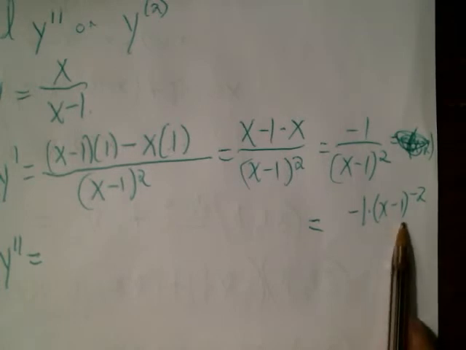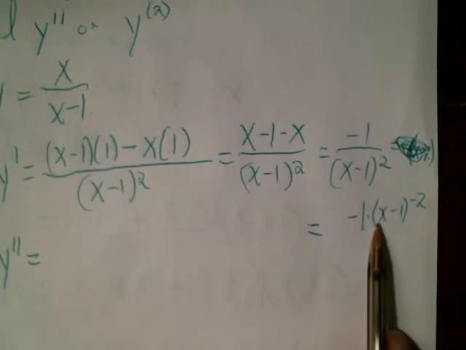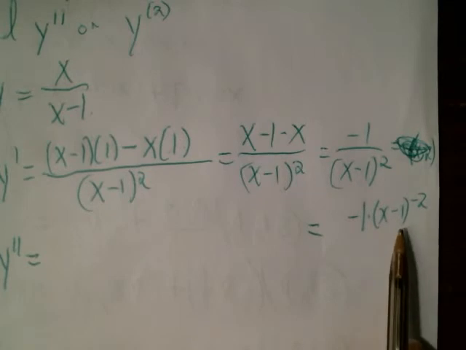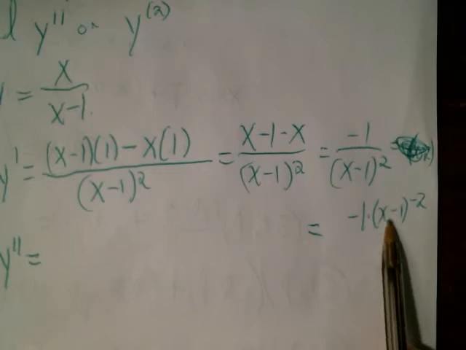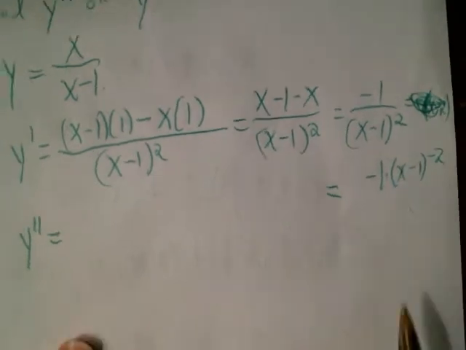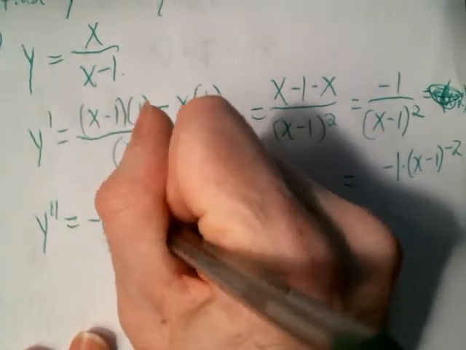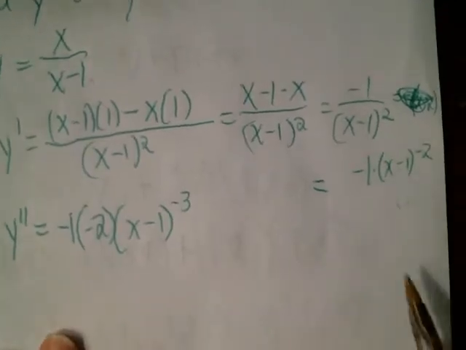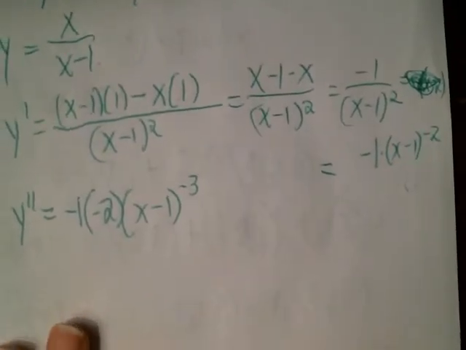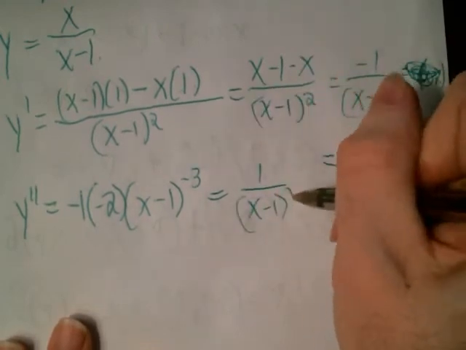Later on, there's something called the chain rule, but it won't really affect us here because of this type of binomial. What we're going to do is just pretend this is variable x instead of x minus 1 and bring down the exponent. So it'll be negative 1 times negative 2 times x minus 1 to the negative 3. So subtract 1 from negative 2 to get negative 3. And that'll be 1 all over x minus 1 cubed.